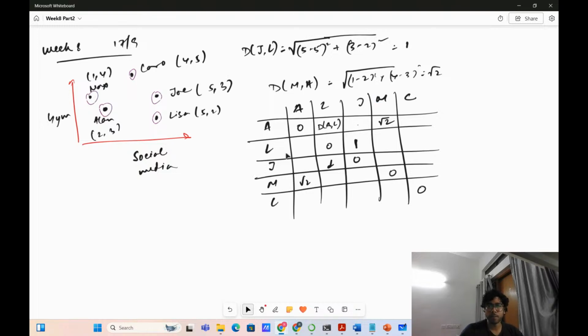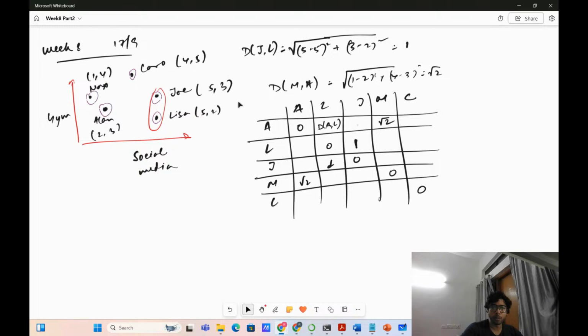Similarly, fill out this distance matrix, the distance between every two pairs. Now you find out which is the minimum distance. In this case, it will be Joe and Lisa, which is distance 1. So in the next step, you make them one cluster. This is the first cluster that you get.